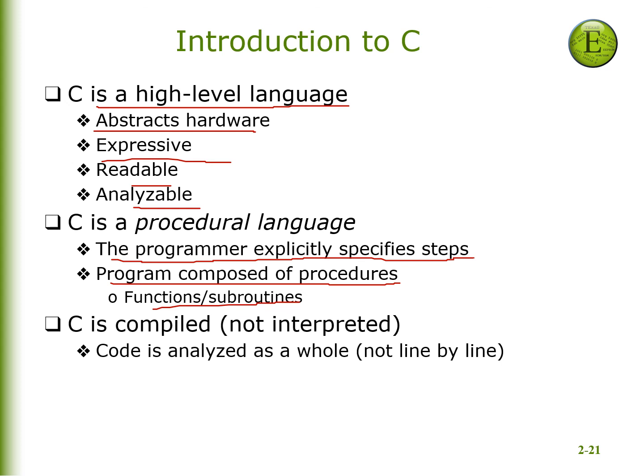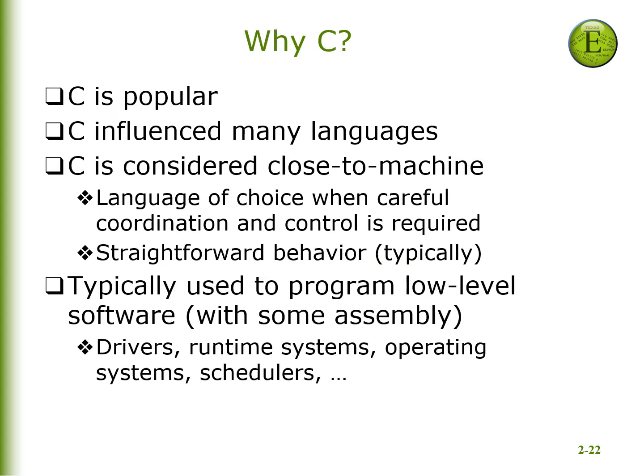And C code is compiled after being analyzed as a whole, not just line by line. One of the nice things about C is that it is very popular, and it is not too far away from the machine. We saw that when you're writing code in assembly language, you are programming the microcontroller in a way that you feel very close.